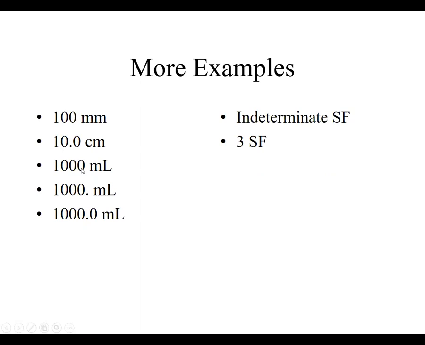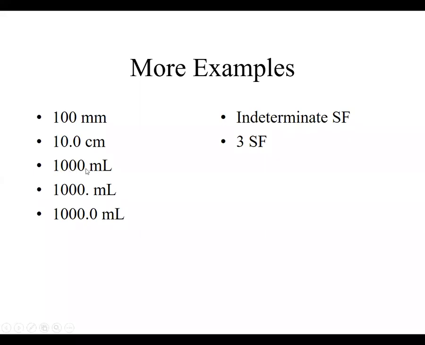So we can nail it down to give or take about 1 milliliter. So now our range of uncertainty is from 999 milliliters to 1,001 milliliters. So as I make more and more of those zeros significant, I don't change the number. It's 1,000 as I go all the way across there, saying none of them are significant, or this one is significant and the other 2 are not, or these two are significant and that last one is not, or all three are significant.